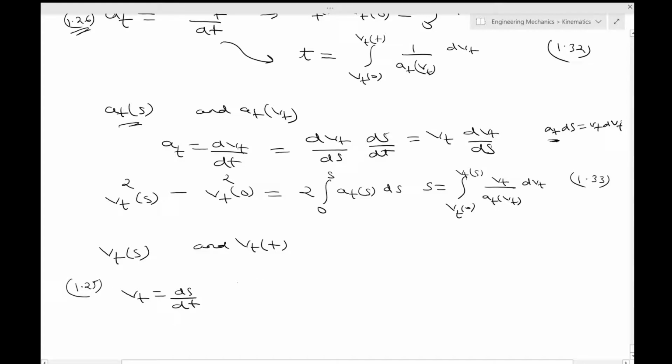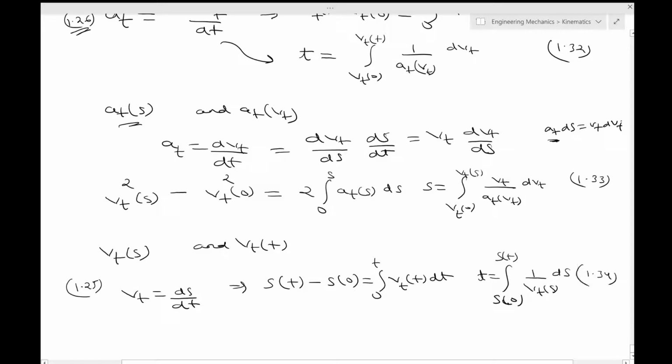Okay, now you can do an integration and write that s of t minus s of 0 is equal to the integral from 0 to t of Vt of t dt. And time is equal to, similarly, the integral from s0 to st of 1 by Vt of s ds. So this is 1.3. So in whichever form you are given, you should be able to do the respective integration. Okay, this is the whole point of this.